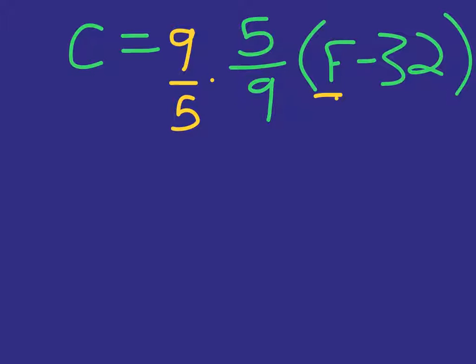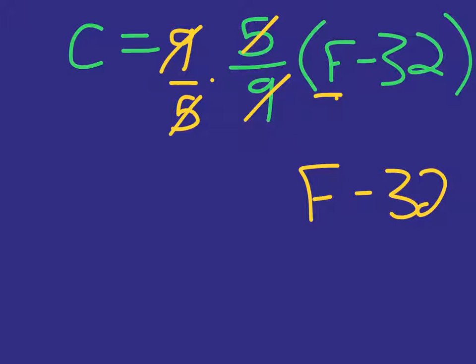Okay, what that does is it cross cancels both of your numerators and your denominators, leaving you with 1. So we don't have to write that 1, so we're just left with f minus 32 on the right side of the equal sign. And on the left side, remember, we still have that c, but you need to multiply that by the 9/5 still.